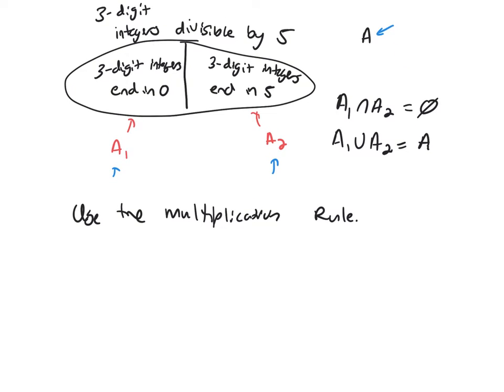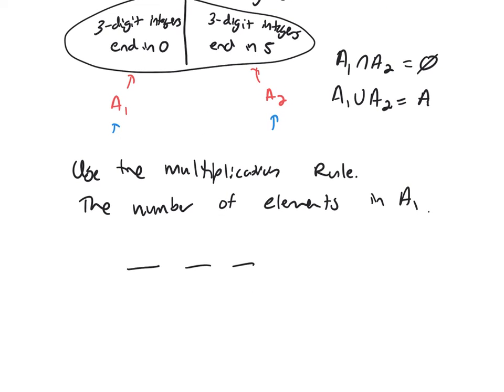So the number of elements in A1, that's what we want to count first. Think of them with 3 blanks. Well, in A1, the last digit is 0, so there's only one option here because this must be a 0.